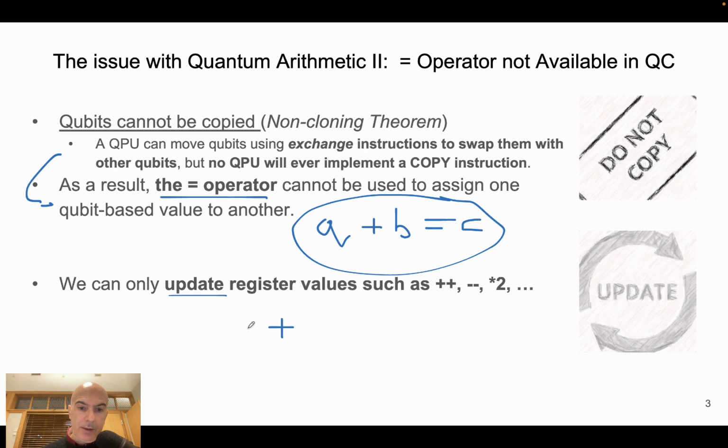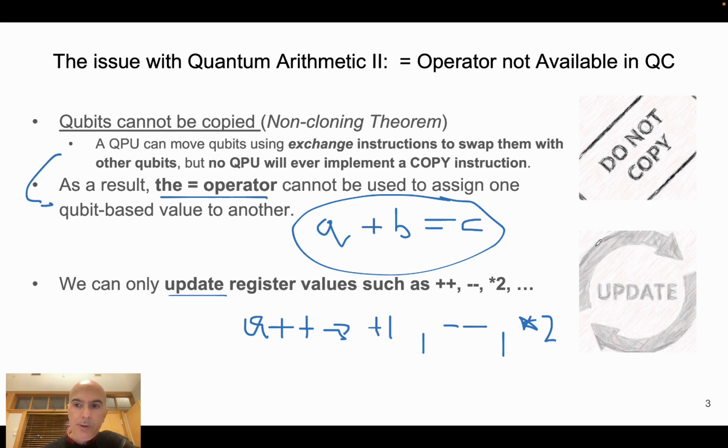Incremental operations like we have A, that is our variable, and then plus plus, that means that this is incremented by 1, and other update operations like minus minus, that is the decrement operator, or multiplying the values of a certain register.